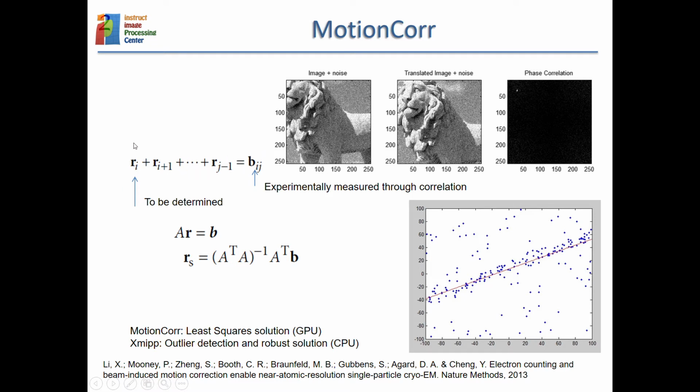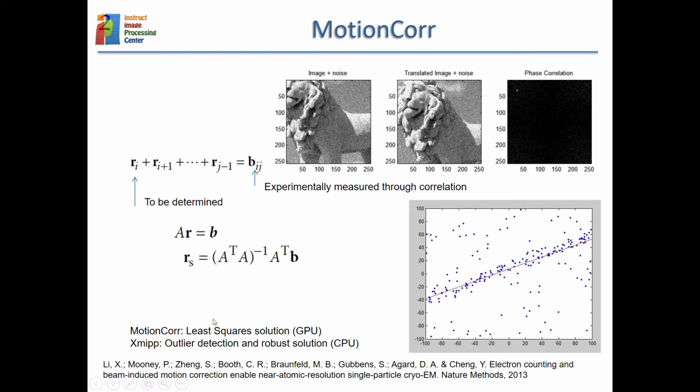And then the addition of all these relative shifts should be the shift that we have observed between frames i and j. And with all this information, we can solve an equation system in which the unknowns are the shifts between frames, and this is an overdetermined equation system, and there could be different ways to solve that equation system.